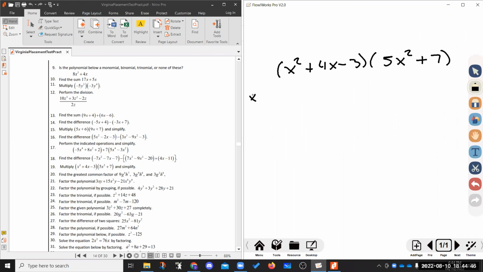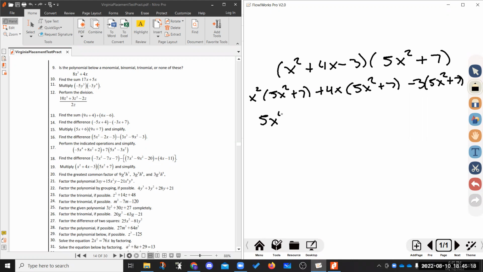So we're going to take x squared times 5x squared plus 7, plus 4x times 5x squared plus 7, minus 3 times 5x squared plus 7. Same idea. We're taking each thing in the first polynomial, multiplying it over top of the entire second polynomial. And that means that every term in the first polynomial is going to get multiplied to every term in the second polynomial.